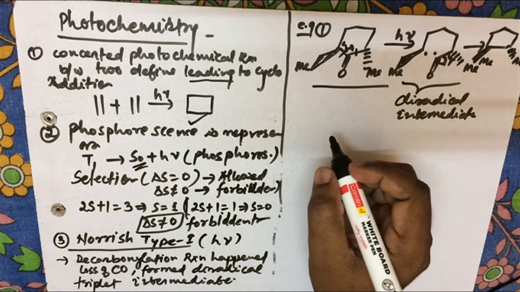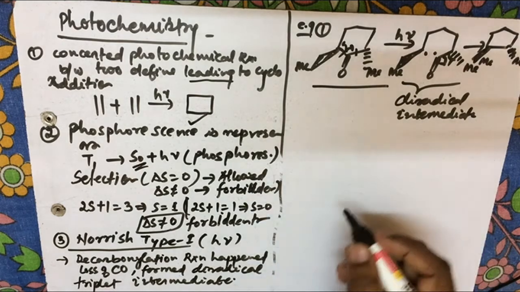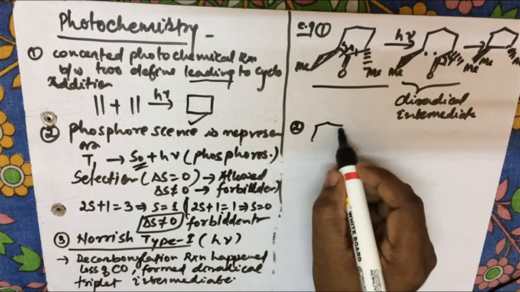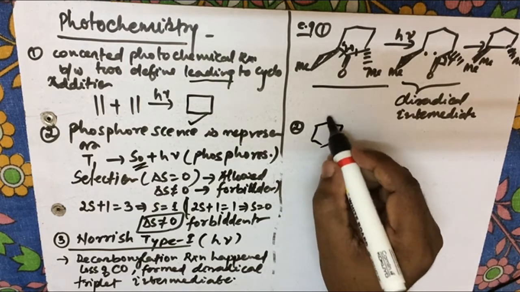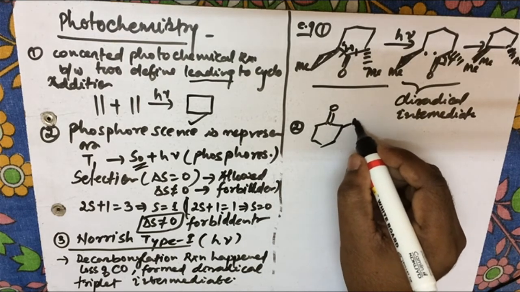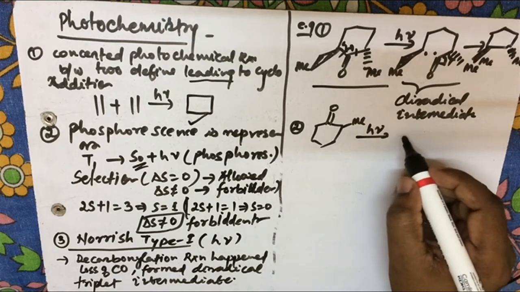Another example, example 2. Here basically the decarbonylation happens under hv condition.